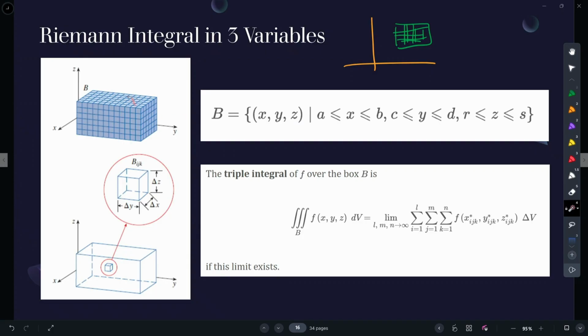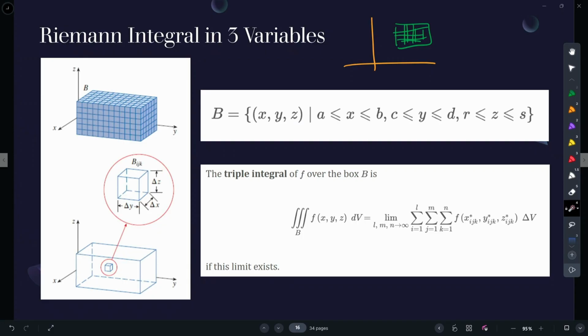So first of all, the simplest of all regions in 3D is some sort of box where the x coordinate goes over an interval from a to b, the y coordinate goes from c to d, and the z coordinate goes from r to s. And then we're trying to figure out how to integrate that. The Riemann integral concept applies: I divide this box into however many cubes, each with dimensions delta x, delta y, delta z.